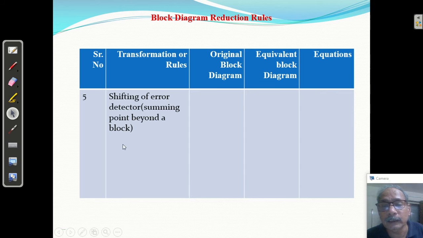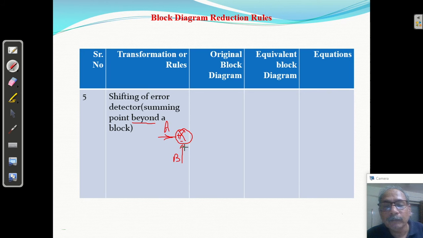Beyond a block, please, that word is very important. Sometimes for simplification we have to shift the error detector. What is the original block? Suppose the original block is like this. This is plus, this is plus, suppose signal A is given. Okay, this is B is given.